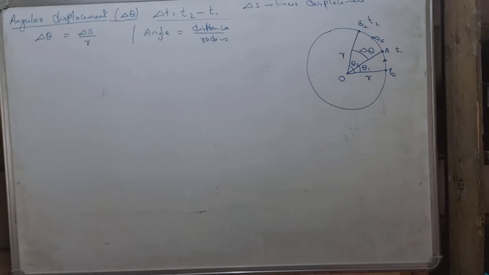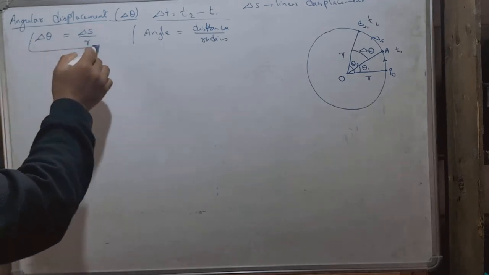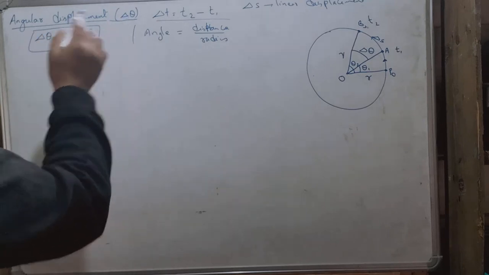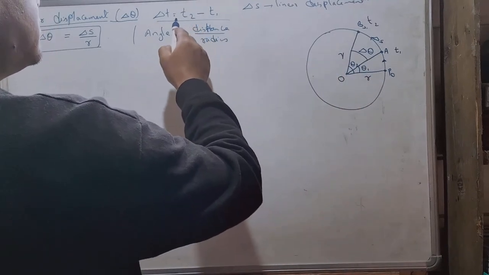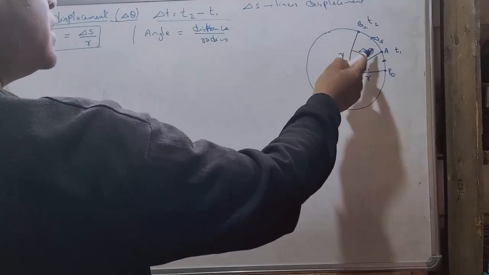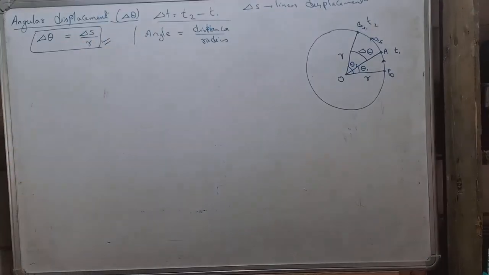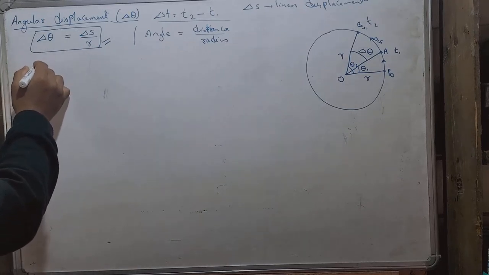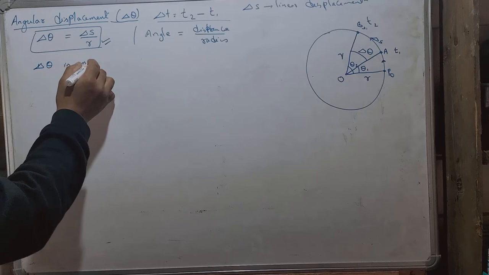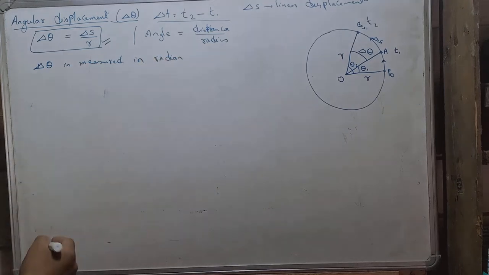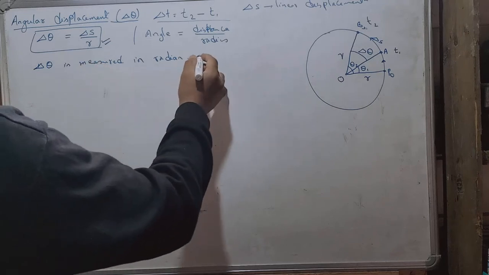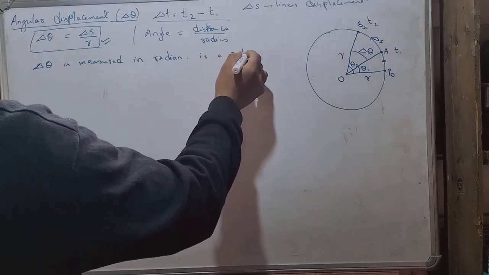So this delta theta, which is known as the angular displacement, is the displacement of the particle during this time interval delta t, from A to B along the circumference. Delta theta is measured in radian, because it is an angle, and delta theta is a scalar quantity.